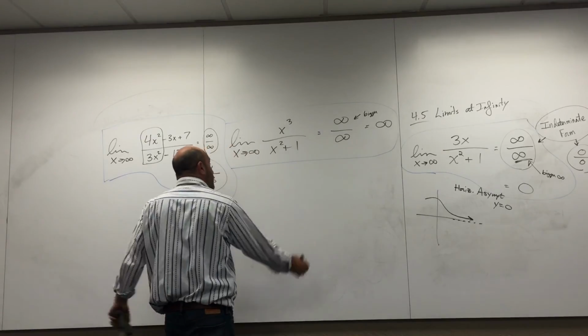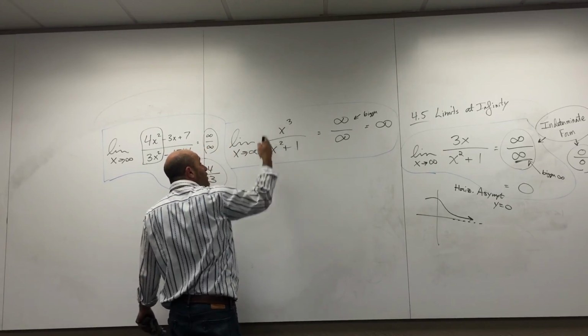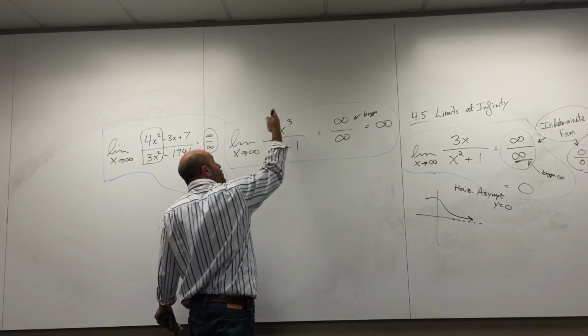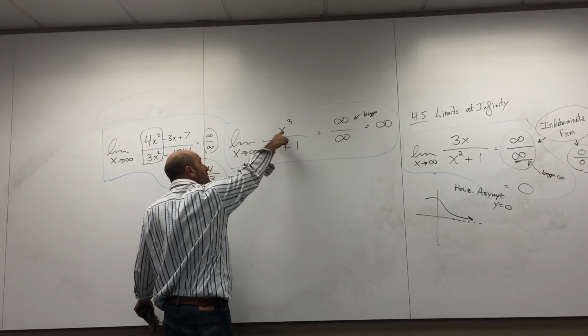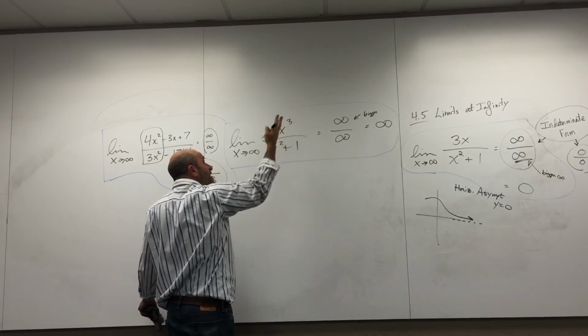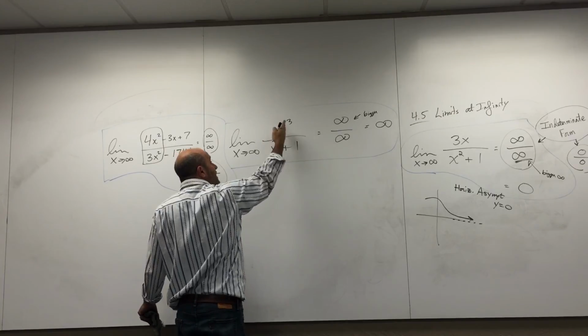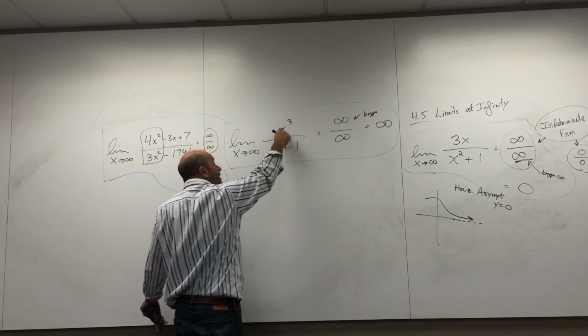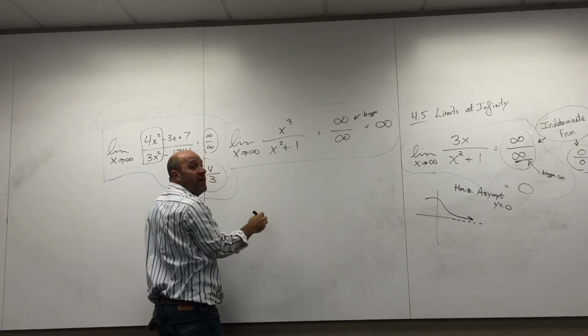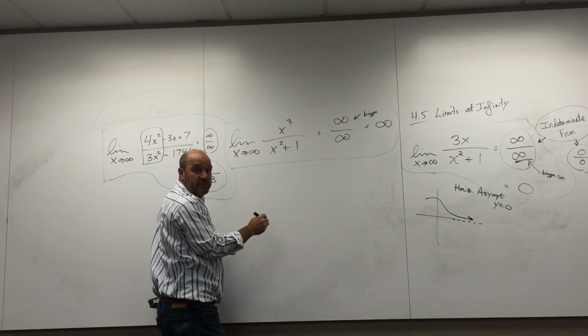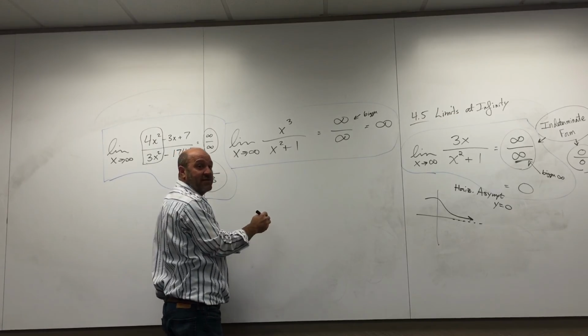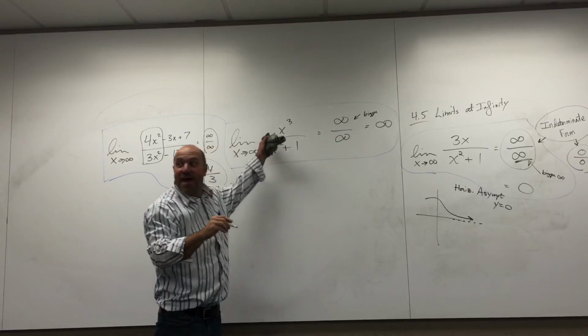Here's one. When the numerator has a higher degree, do you remember your horizontal asymptote story? From pre-calculus or college algebra, the horizontal asymptote when your numerator has a higher degree. There ain't one. There ain't no horizontal asymptote.